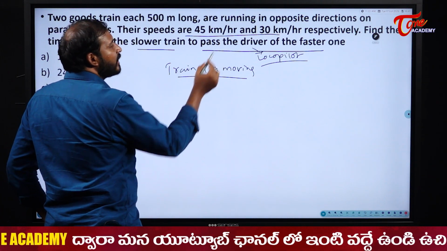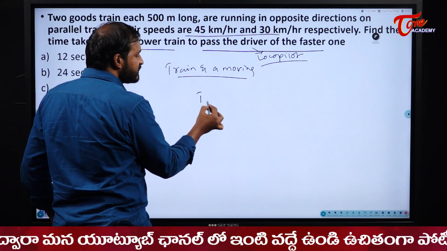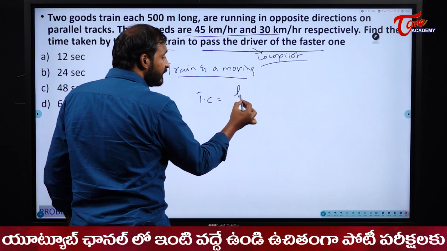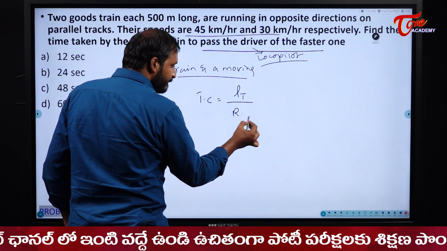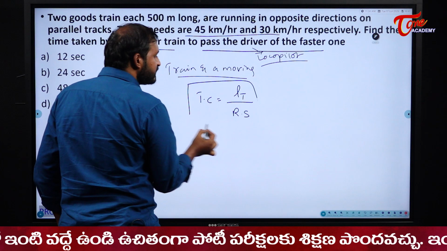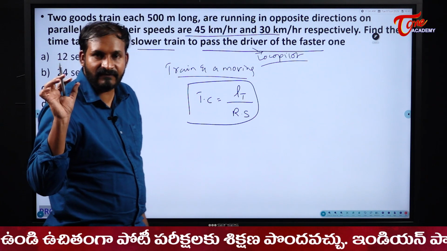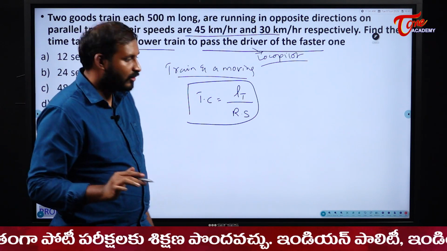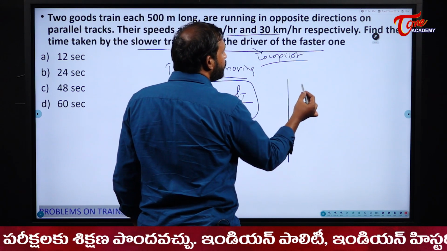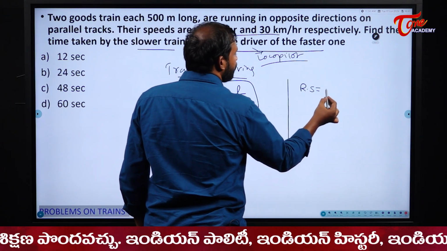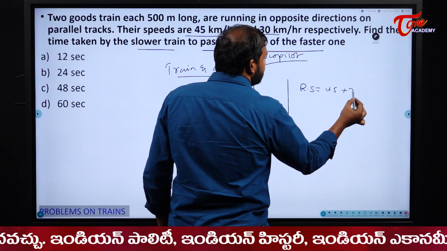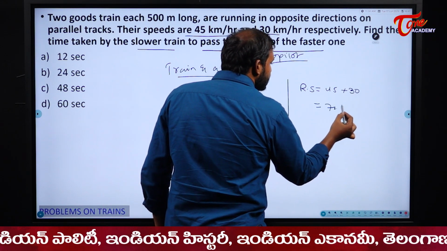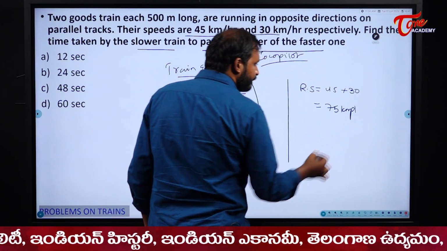Now see here. First of all, they are moving in opposite directions. So the time taken to cross each other means the formula will become length of the train by relative speed. Here the two trains are given just to confuse you, but this is the case of train and a moving man. Now, relative speed. They are moving in opposite directions, so their speeds are 45 kmph and 30 kmph. It will become 75 kmph.